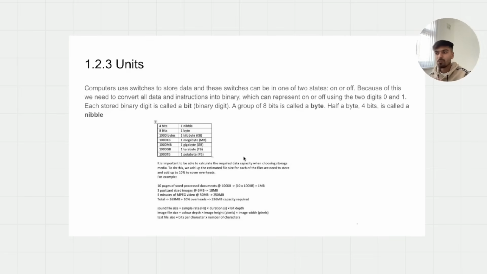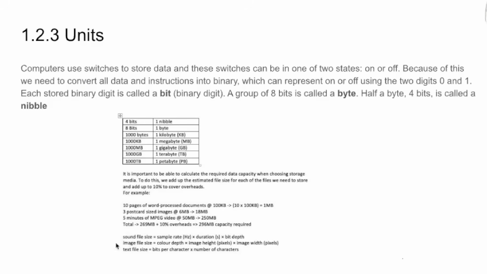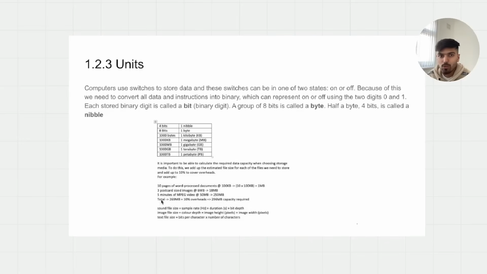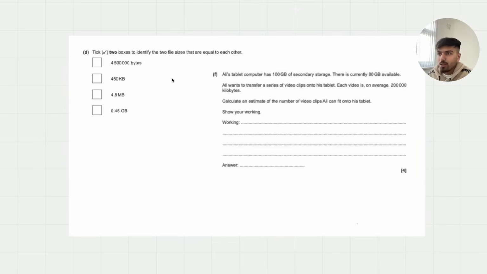Also, it is important to calculate the required data capacity. To do this, we get the estimated file size using these 3 formulas, which you should all copy down. The likelihood of these coming up is very high, and make sure you know what these mean. Now there are 2 exam questions. How would we do the first one? When we're converting between file sizes, make sure you convert to a standard size so each of them is on the same level.